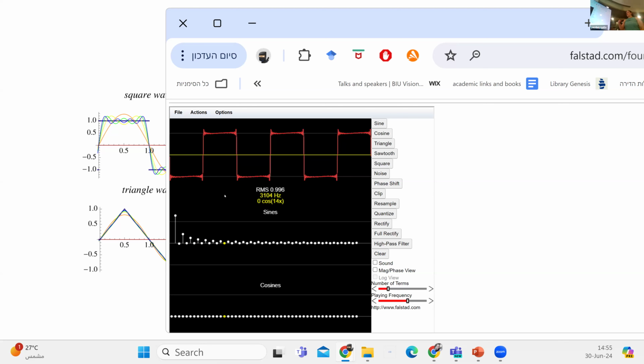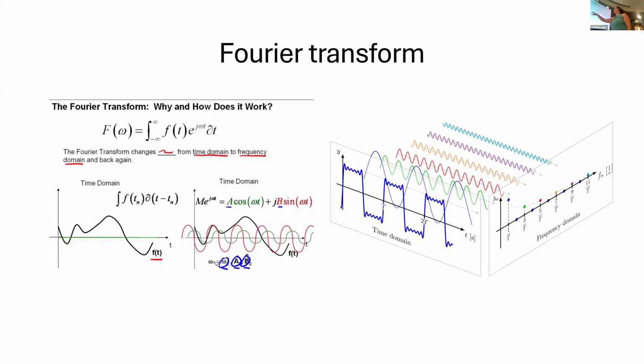Okay, so what I want to do is to take this square wave and write these frequencies as my function. And this is what the Fourier transform does. So we have these sines coupled together, and then I take only the related frequencies and I write them in the frequency domain, where my x-axis is frequency.